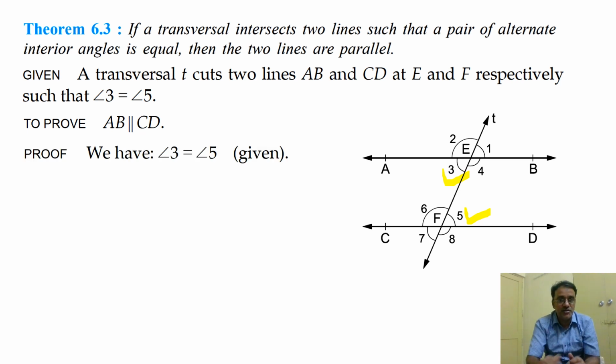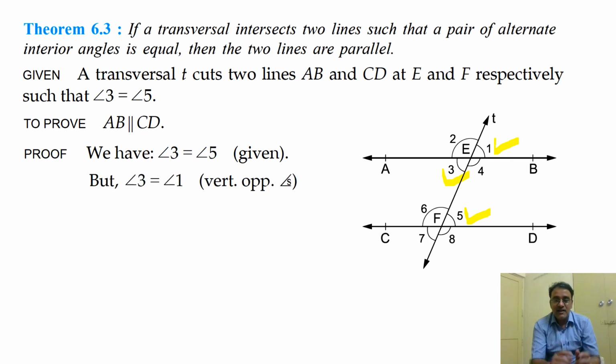So सबसे पहले जो दिया उसको लिख लेते हैं. Angle 3 is equals to angle 5 and angle 1 is equals to angle 3 also. Why? Because vertically opposite angles. Now angle 1 and angle 5 both are equals to angle 3, right? दोनों एक ही एंगल से इक्वल है तो दोनों आपस में इक्वल हो जाएंगे.